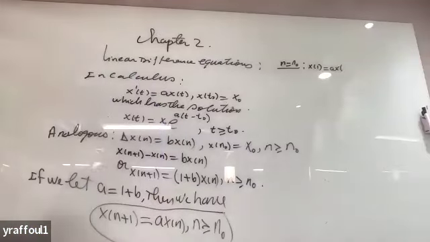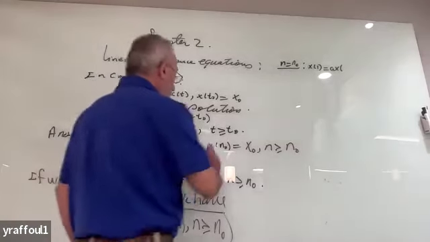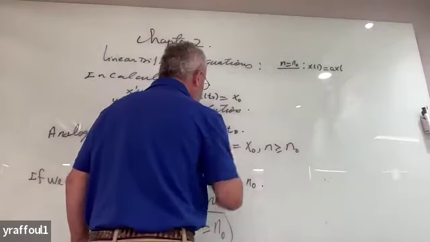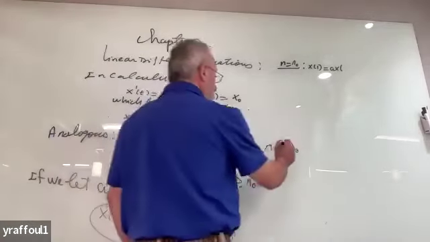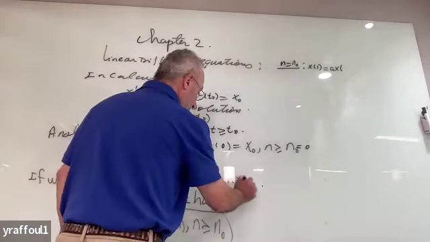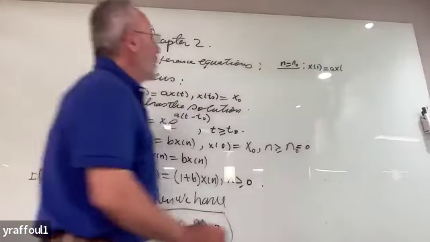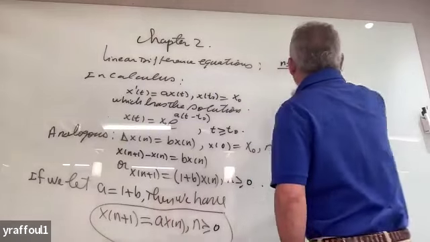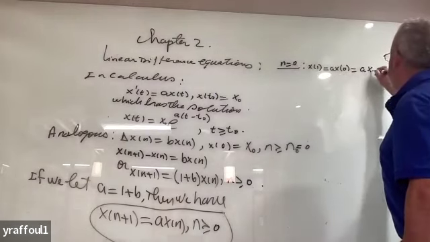All right, so let me see. Oh, n equals 0. Oh, sorry. I made a mistake. I'm taking x of 0 here. Okay. I'm taking n0 to be 0. All right. Okay. So for n equals 0, I have x1 equal a x0.